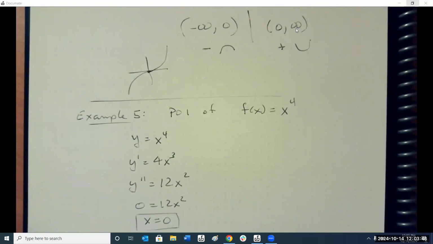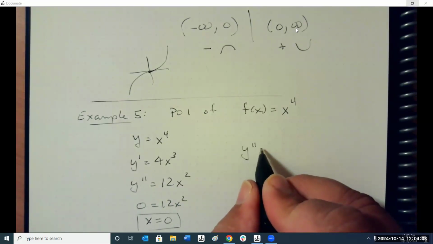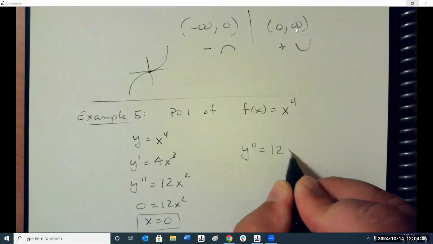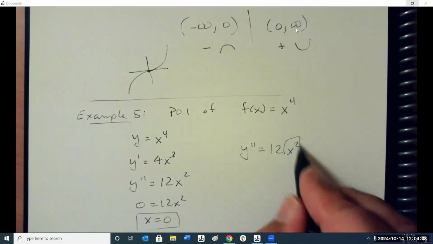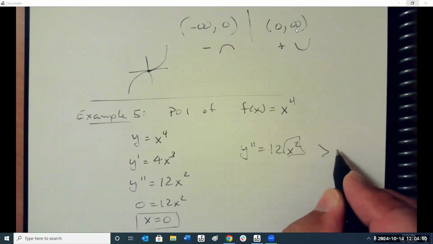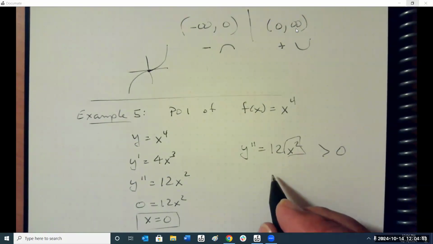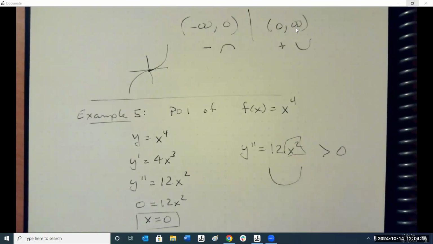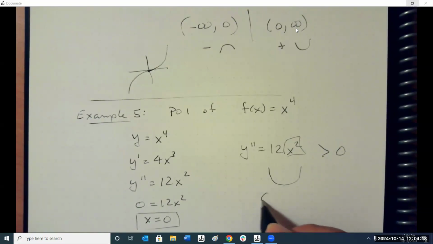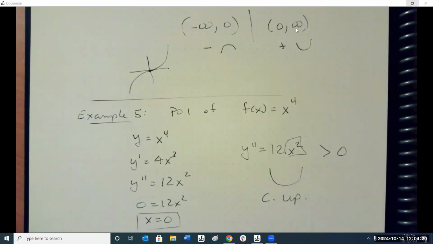That's the point of inflection. So since the second derivative is equal to 12x squared, no matter what you put in there, it's always going to be greater than 0. So it's concave up. It's concave up everywhere.